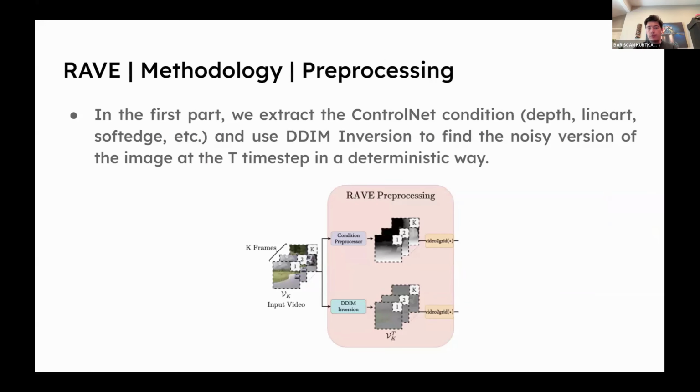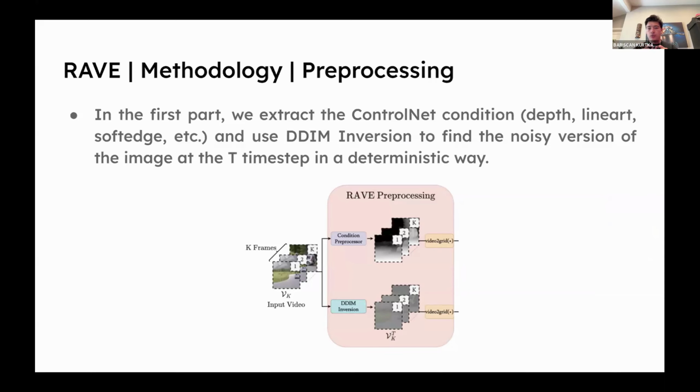In this part, we extract the ControlNet conditions first. It can be depth, line art, or soft edge, but in our method, we mostly use depth, because it enables us to do more extreme shape editing, because line art or soft edge gives us a lot of structure information.